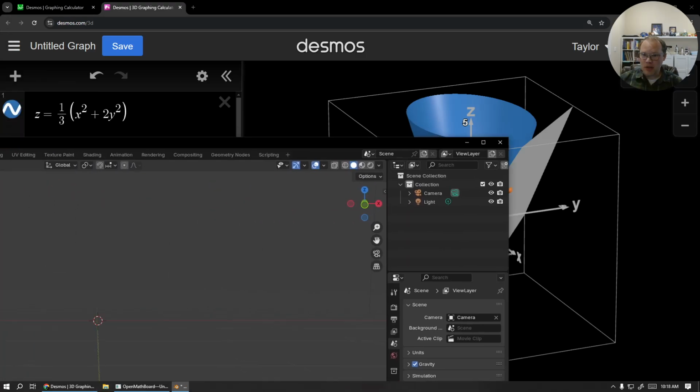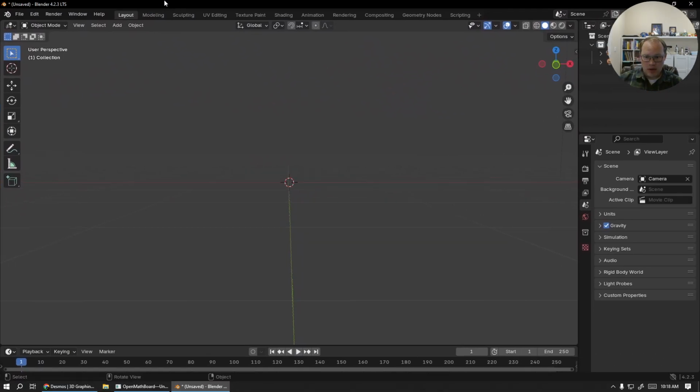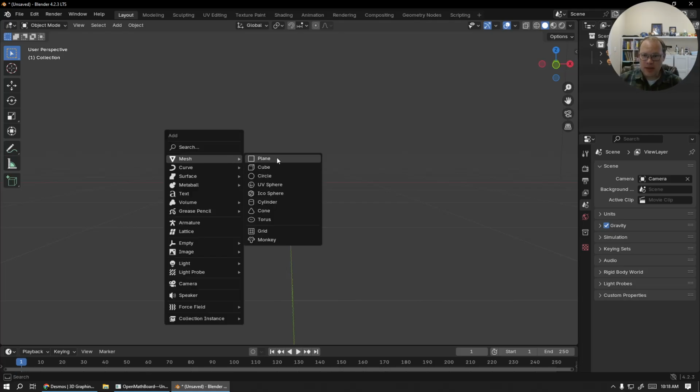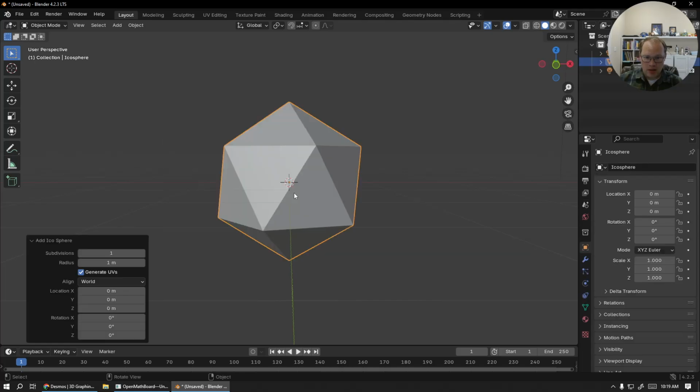Every 3D modeling software that I know uses planes to approximate a curved surface. So this particular software I'm using is called Blender. It's a free modeling software. So I'm going to add a sphere in here.